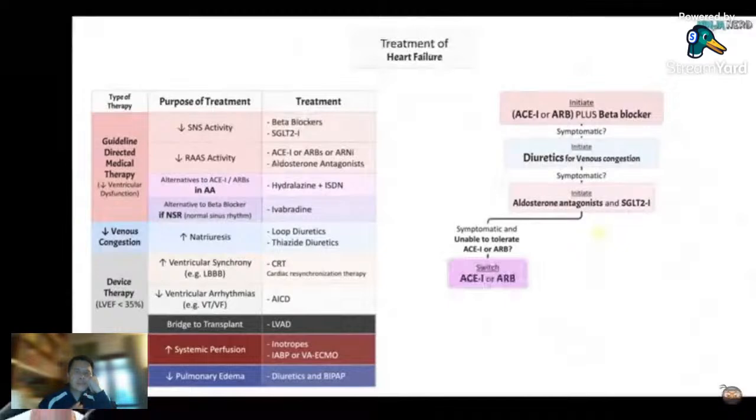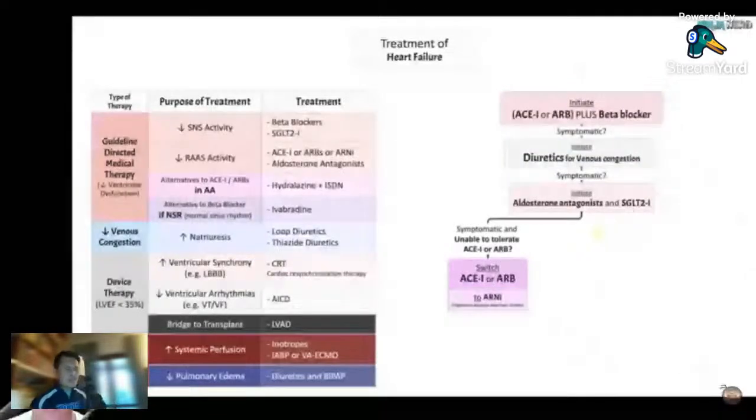So this would be things like sacubitril-valsartan. These are very good drugs that have been shown to be very beneficial.